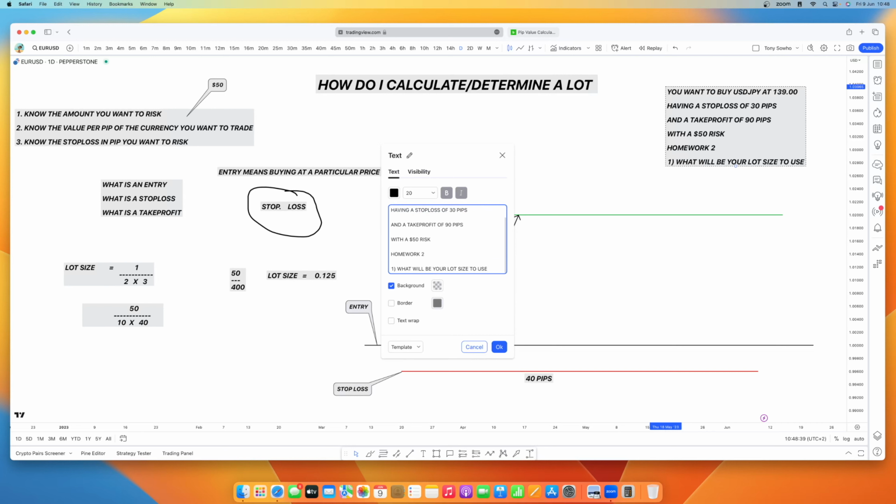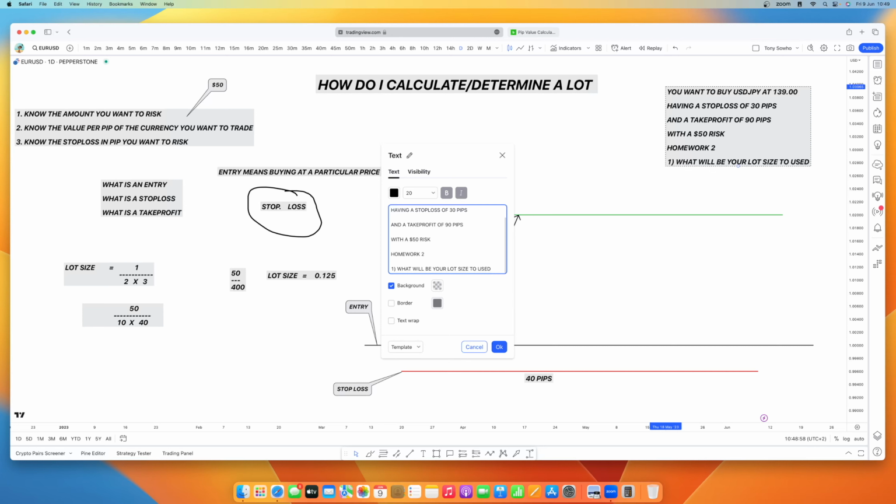So what's going to be the lot size that is going to give you a $50 risk? You are buying at 139. I've given you 30 pips stop loss, 90 pips take profit. You're risking $50.